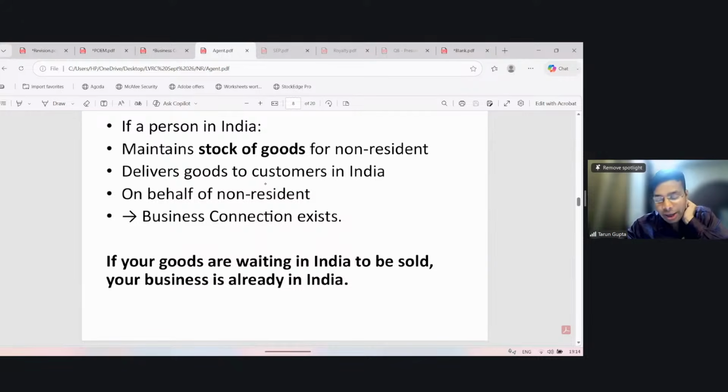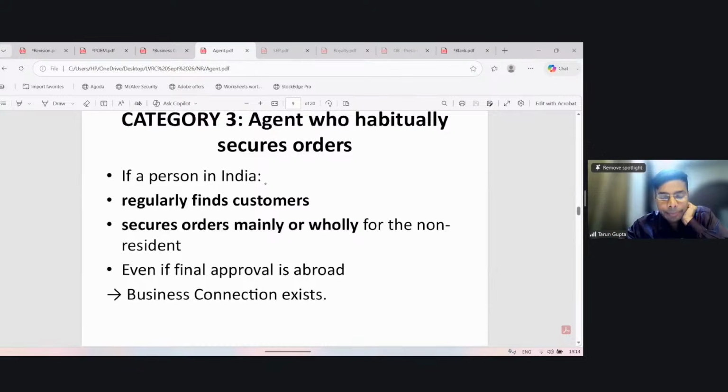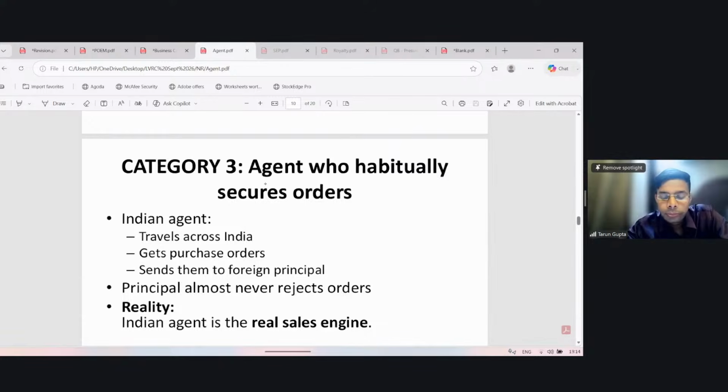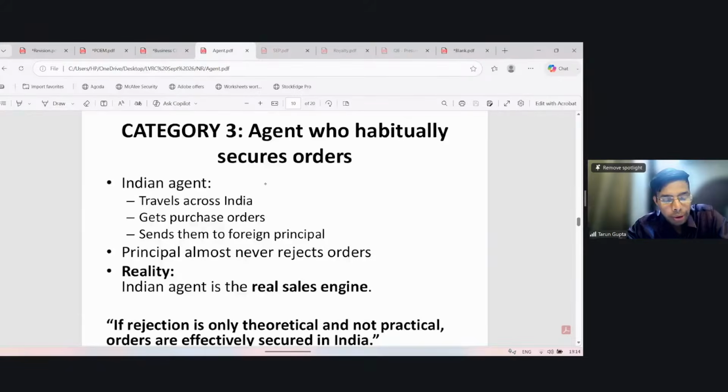If your goods are waiting in India to be sold, your business is already in India. Or if there's an agent who habitually secures orders, who regularly finds customers and secures orders mainly only for the non-resident, or, as I told you, for another non-resident who is controlling this first non-resident, or who is under the control of the first non-resident, or both of these non-residents are under the same common control. Agent who habitually secures orders.